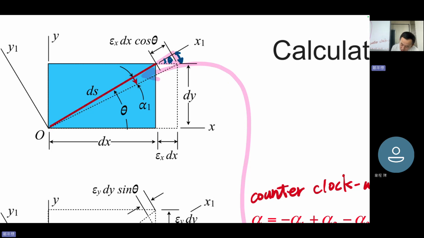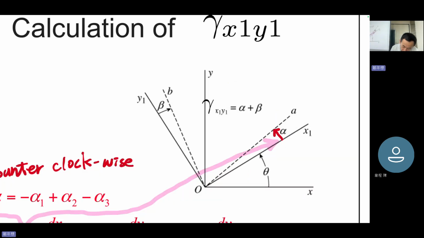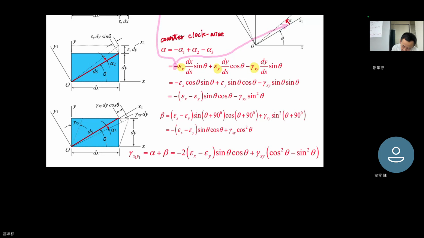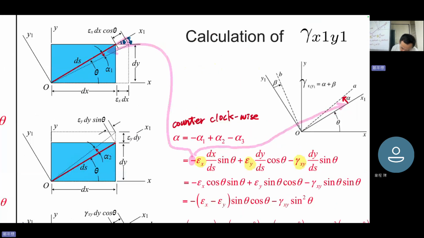Okay, so here, I will say this. Sorry. This is epsilon x dx sine theta. Okay, epsilon x dx sine theta.